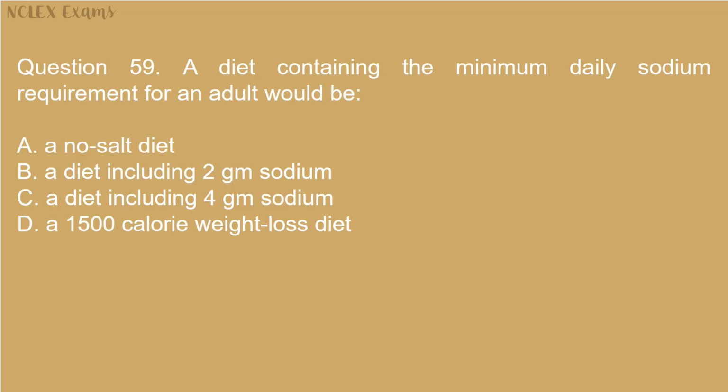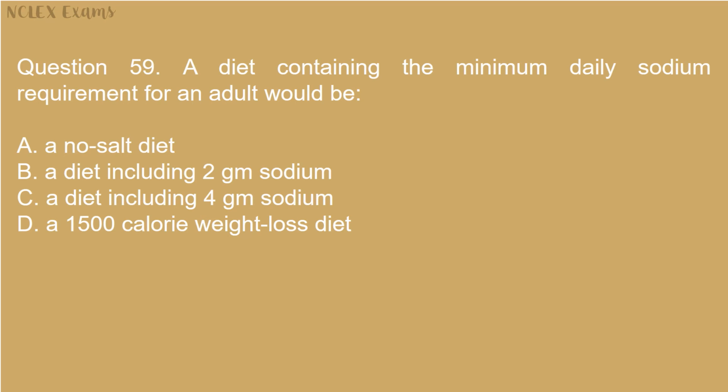Question 59. A diet containing the minimum daily sodium requirement for an adult would be A. A no-salt diet. B. A diet including 2 grams sodium. C. A diet including 4 grams sodium.